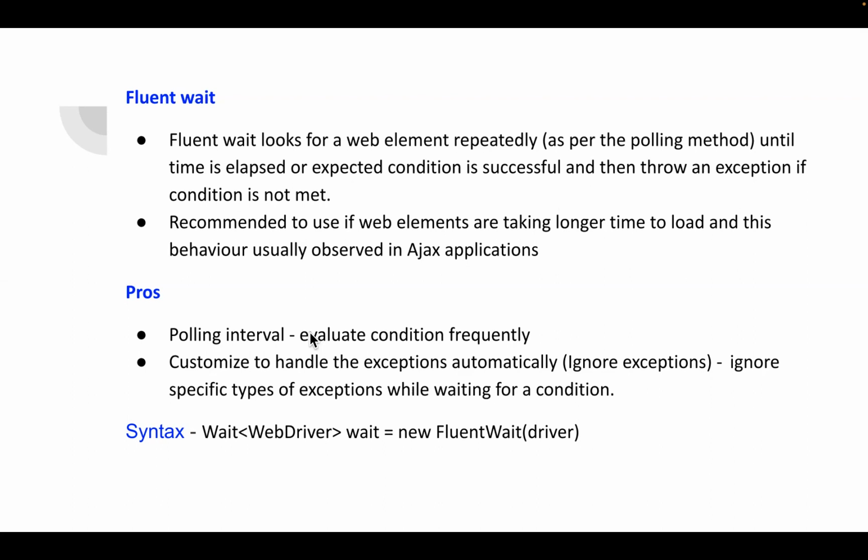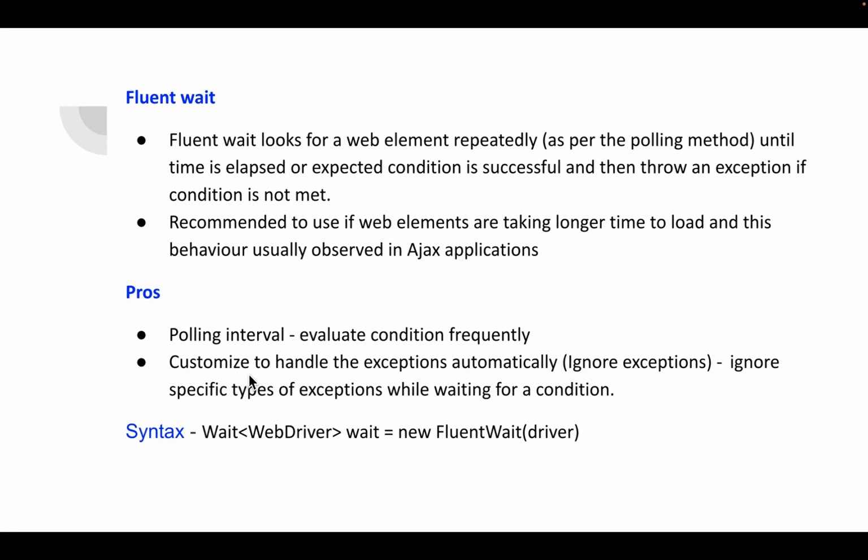Say, for example, if we mention 200 milliseconds as the polling interval, it means that Fluent wait keeps checking the condition every 200 milliseconds. If the condition becomes true, Fluent wait will proceed with the next steps. If not, it is going to wait until the specified time and then it will throw an exception.